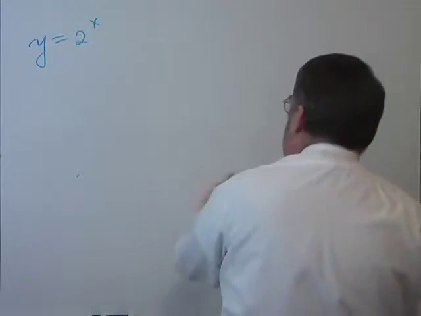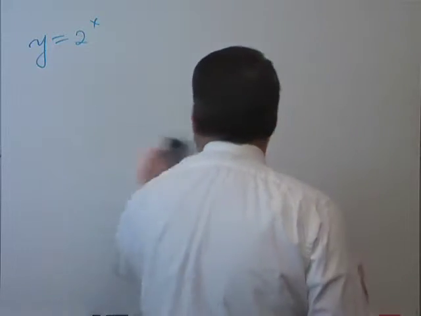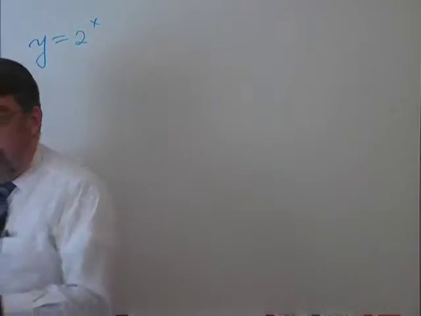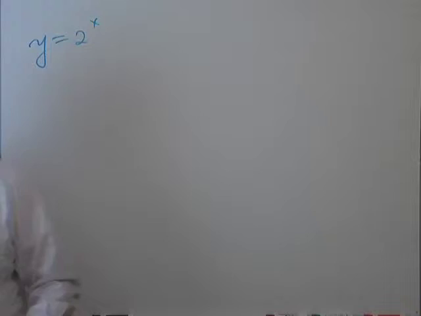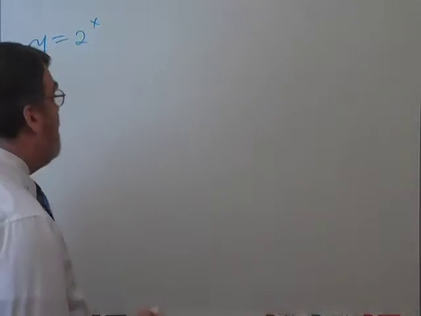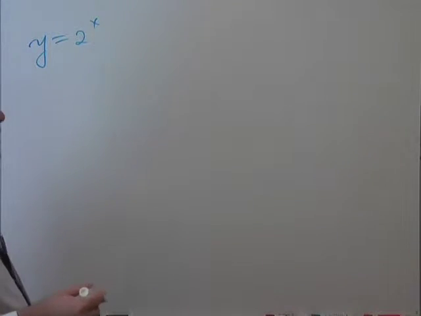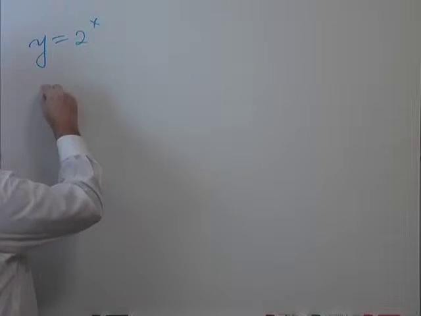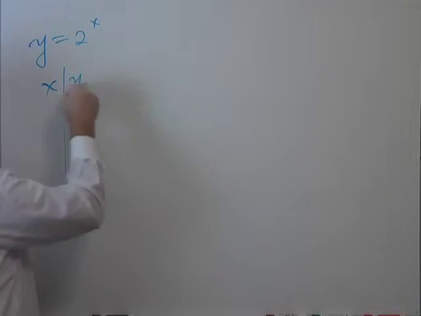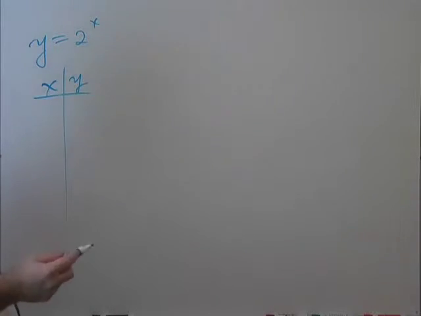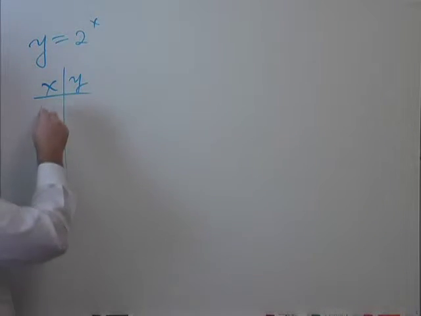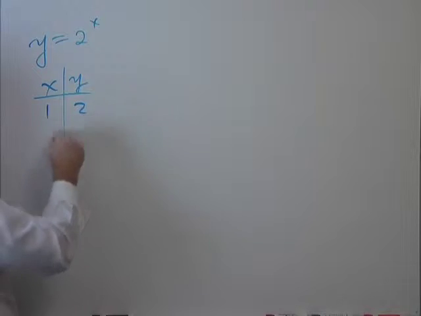All right, so y equals 2 to the x is really one of the easiest ones to begin with. If you had no idea how it behaved, then you would want to see some kind of picture of it. So I'm going to form a little xy chart, and we'll plug some x numbers in. If x is 1, then y is 2.